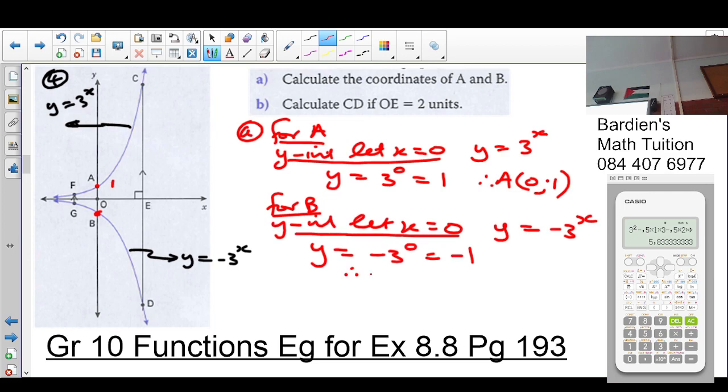So therefore, B is (0; negative 1). Okay, simple, no? Why 0 and negative 1, not negative 1 and 0? Because on your y-axis, x is here.